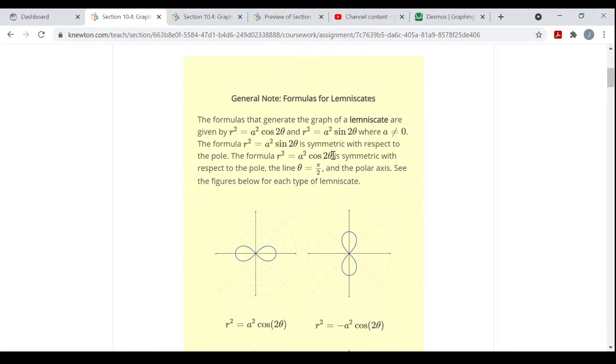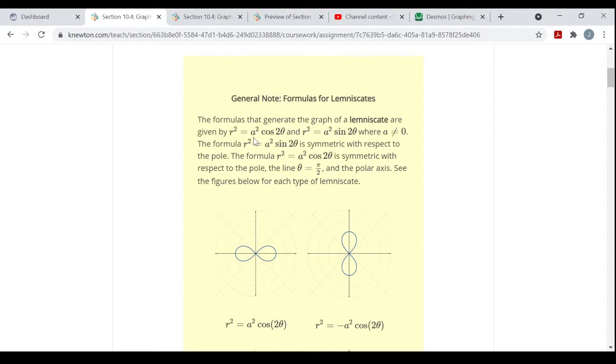So, some formulas. The formulas that generate the graph of a lemniscate are given by r squared equals some number. I know they've got a positive number here, a squared would be a positive number, but we'll see in the problem we have it's a negative number.